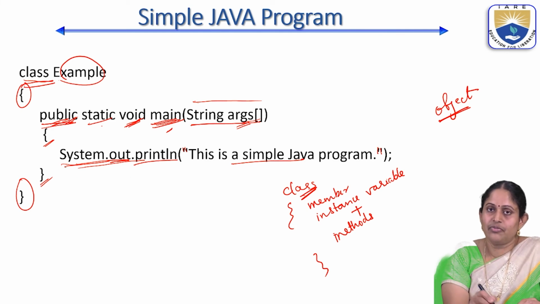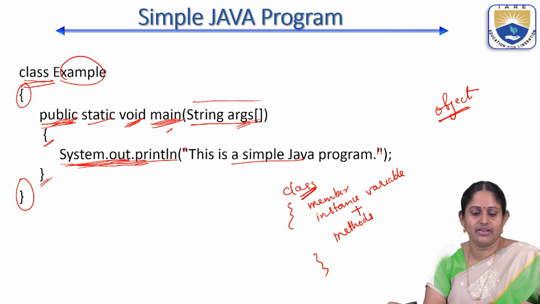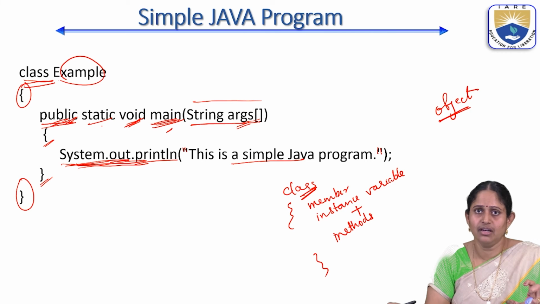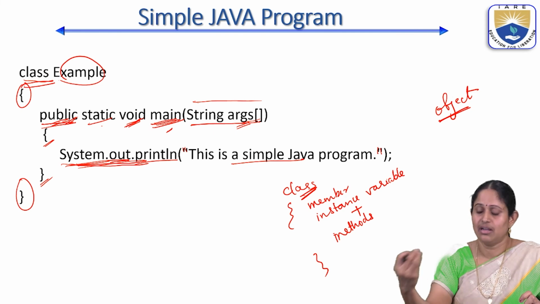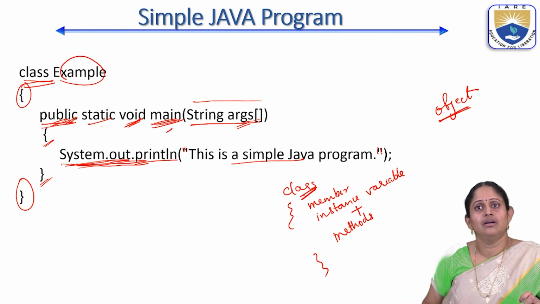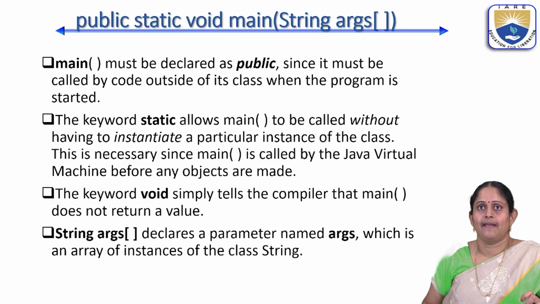If we want to print something onto the console, we use System.out.println, wherein System is a built-in class available in Java, and out indicates that you are passing some data onto the output device.